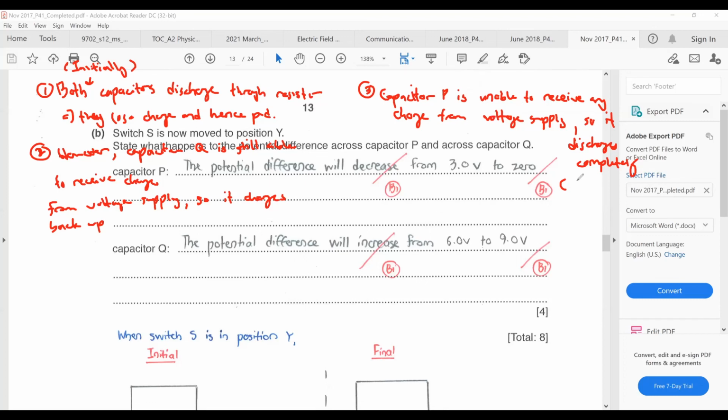When your capacitor charges back up, your PD becomes equal to the voltage supply. So this will explain why for capacitor Q the PD increases from 6 volts to 9 volts, and why for capacitor P the PD decreases from 3 volts to 0.